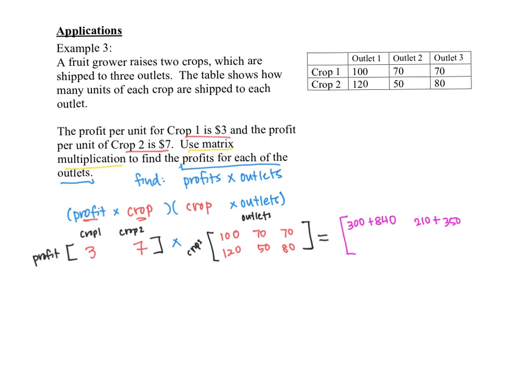Row 1, column 3. 3 times 70 is 210. 7 times 80 is 560. Okay, now in this case, if I had set this up incorrectly, my matrix multiplication would have come out to be undefined, and that's one way to check, but there's no guarantee that that will happen, especially if I have square matrices.